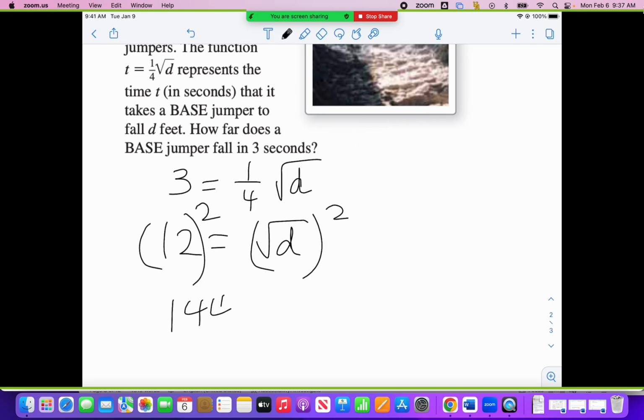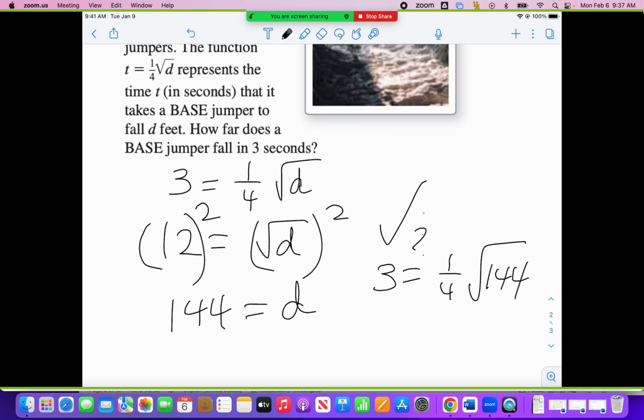I get 144 equals d. It's done. Just do a quick check. So I get, does 3 equal 1/4 the square root of 144? The answer is yes. When you have a word problem, check for units. How far does a base jumper fall in 3 seconds? The base jumper falls 144 feet.